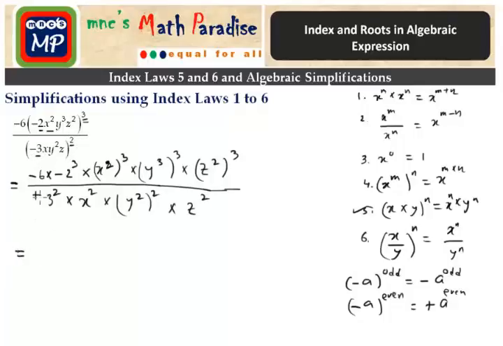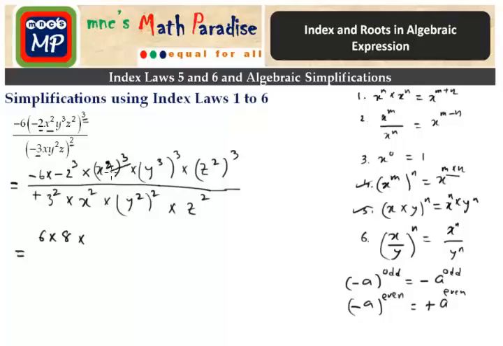So now if we simplify here, minus minus plus, then 6 times, okay, let us keep this value, 2 to the power 3 is 8, x to the power 2 to the power 3, so we will use this formula to multiply these two powers.